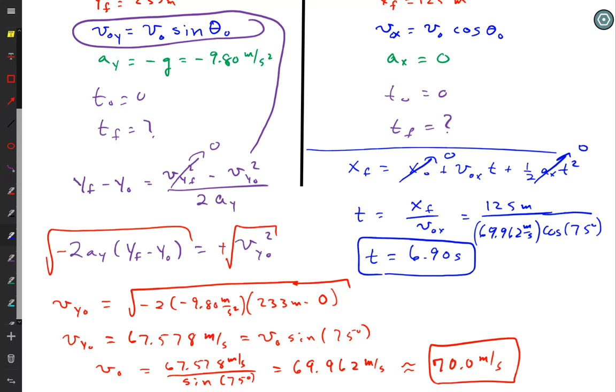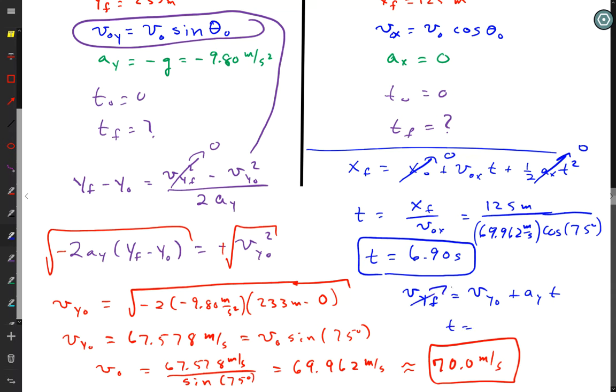To find the time now, I could use my y final equals y initial plus vy initial t plus 1/2 ay t squared and have a quadratic and solve it. Or I could say, well, looking in the vertical direction, vy final equals vy initial plus ay t. And then I would just solve that for t is equal to minus vy initial over a.